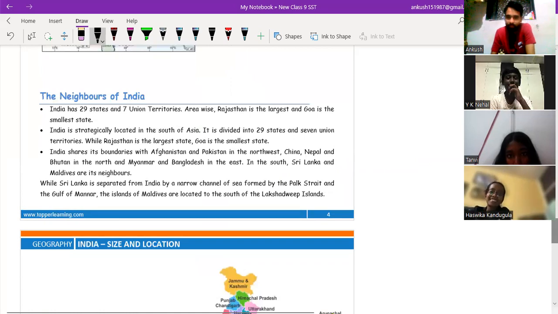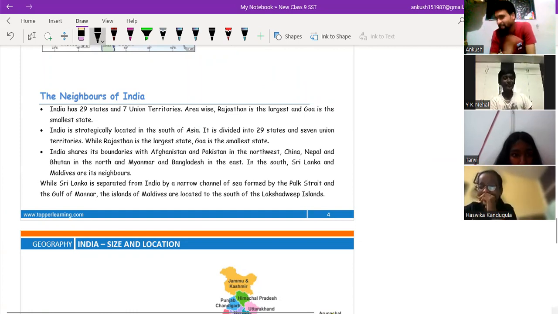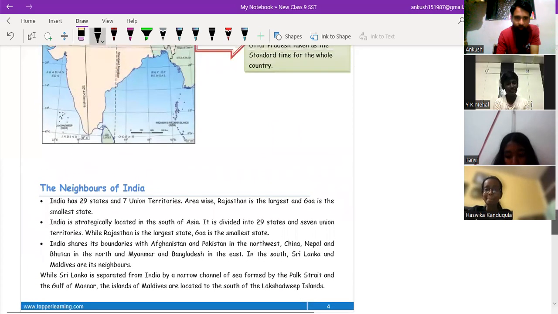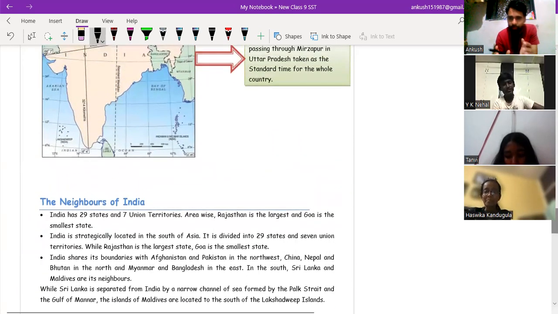Now neighbors are very dangerous, always, isn't it? Actually, neighbors are not dangerous. They are sometimes friendly as well. As far as India and its neighbors are concerned, neighbors like China and Pakistan, as we all know, we do not have good relationships with them, and we are having some problems with them.